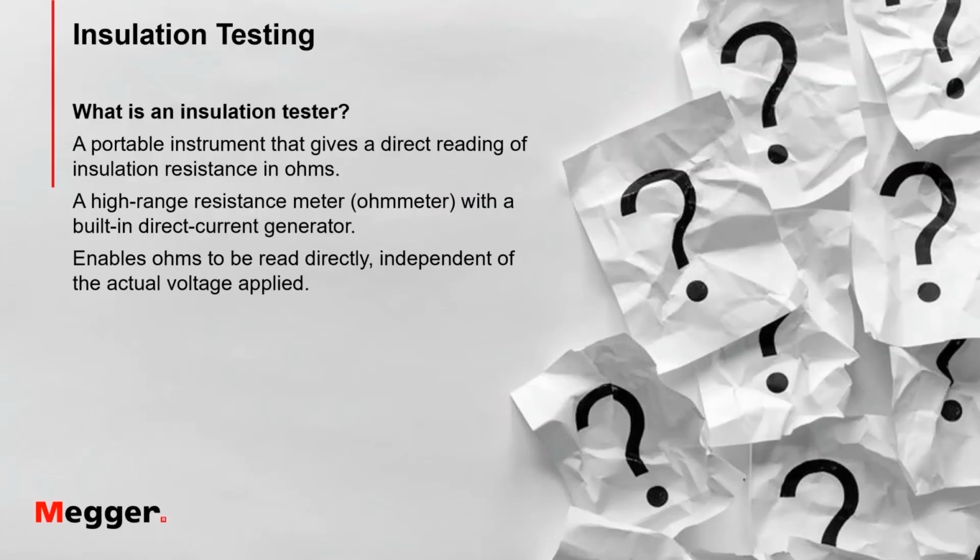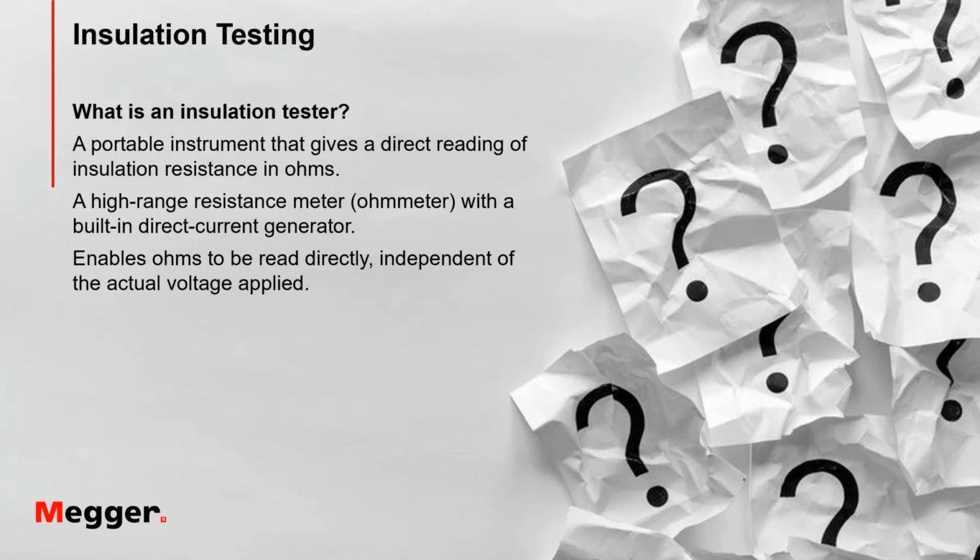Okay, so now we're going to take a look at the particular piece of equipment, the fundamental design of an insulation tester and how it operates. That last bullet there about independent of actual test voltage, that's somewhat archaic, but those of you who've been in this industry for a while will probably remember that, and there are still some of them out there.